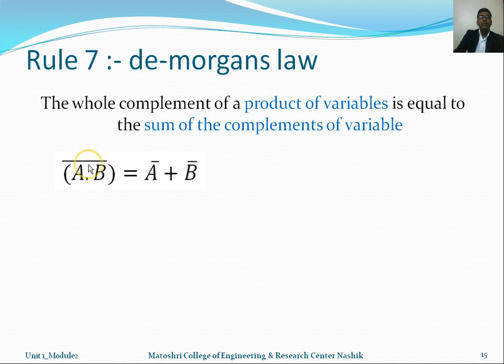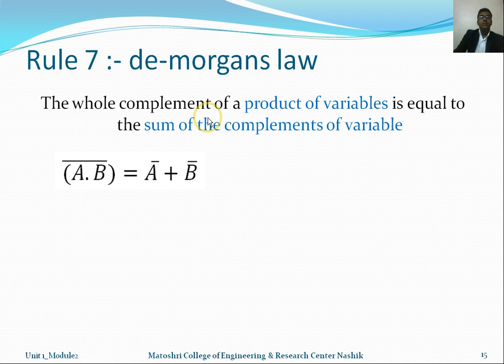If we break the complement, then we also change the functionality. Seen here, A, B whole complement, the complement is going to be broken here. The individual complements are given, A complement as well as B individual complement, but the functionality changes from this AND functionality to OR functionality.